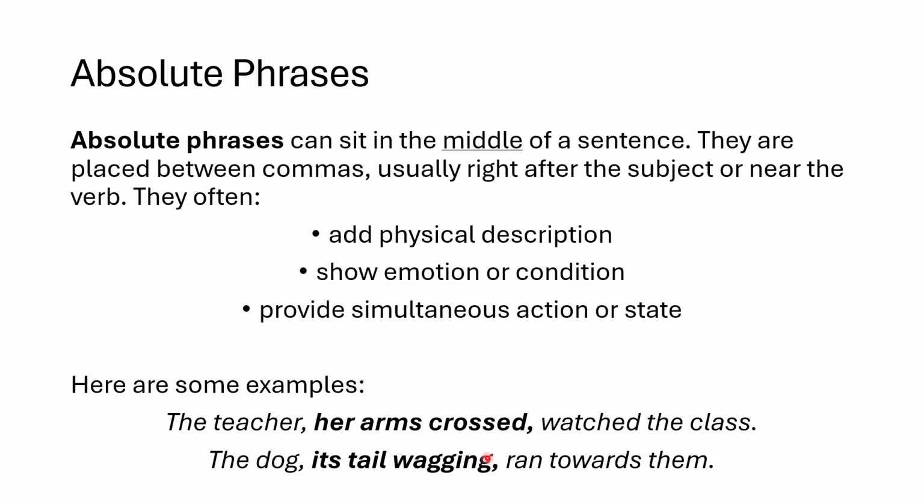Commas must be used on both sides. If the absolute phrase is removed, the sentence still makes sense. The teacher watched the class. The dog ran towards them. Absolute phrases in the middle of a sentence add a quick descriptive interruption.